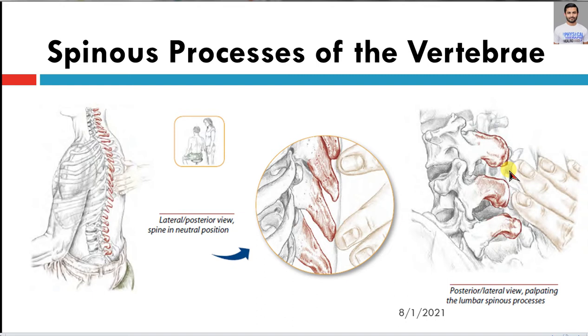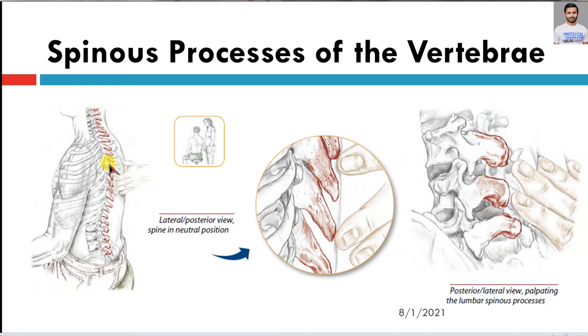There is also one trick to remember: in the thoracic spine, the spinous process comes below, so it comes below two segments. For example, if I am palpating the spinous process of T4, it means that in front of T4 there will be the vertebral body of T5 and T6. So at least one or maximum two vertebrae below. The spinous process is inclined inferiorly.